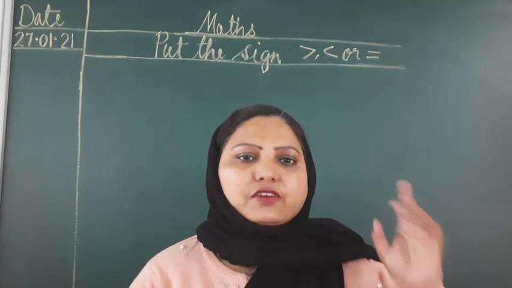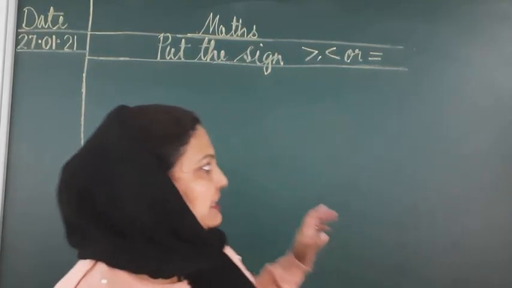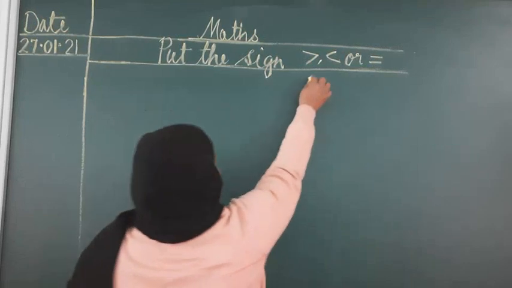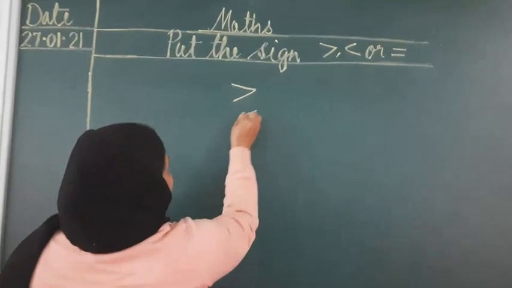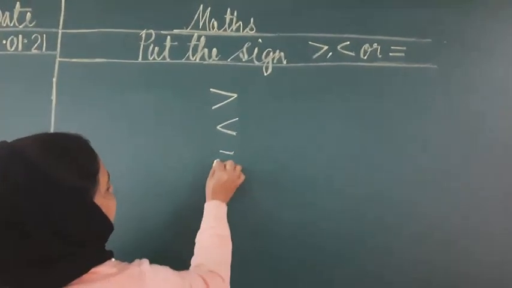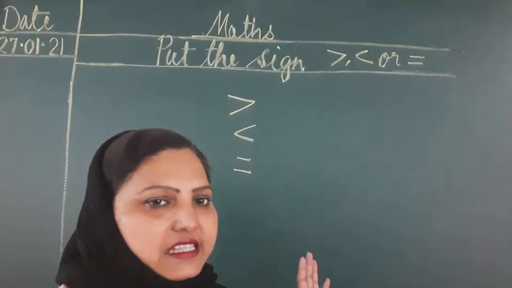So children, first we will take this put the sign. Three signs I have told you: greater than, less than and equal. This I have explained to you with the lines.